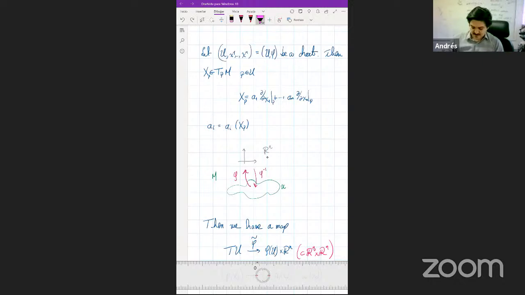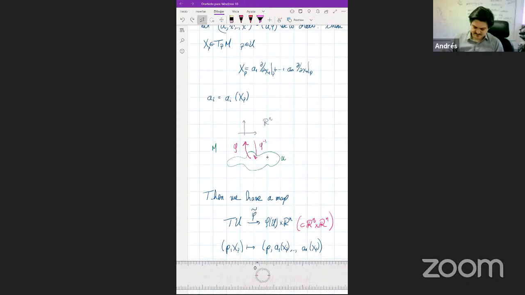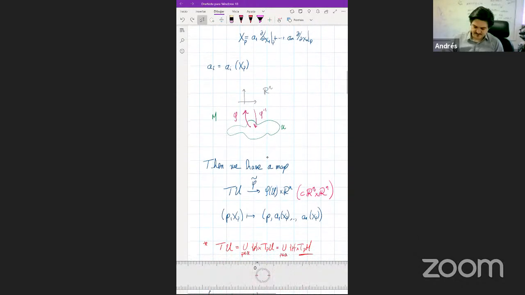Now, first of all, we know what this is, right? Points in U and vectors tangent to the point. But remember that U is open, so having TUP is the same as TPM, okay?